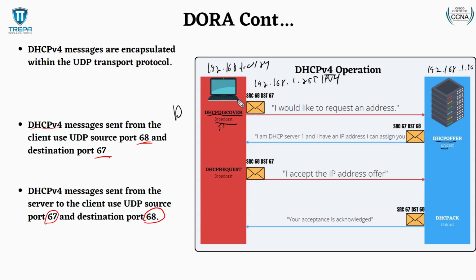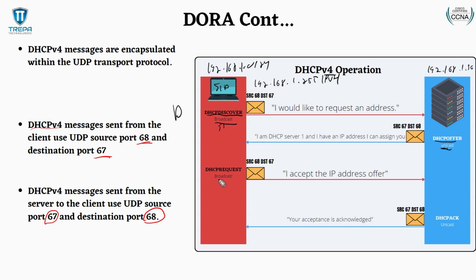Because remember, that IP packet that's going to be sent out is going to have the source IP of this guy. It's going to send a unicast packet back out saying, I am the DHCP server, and I do have IP addressing I can give to you, as well as other options if you're requesting them.